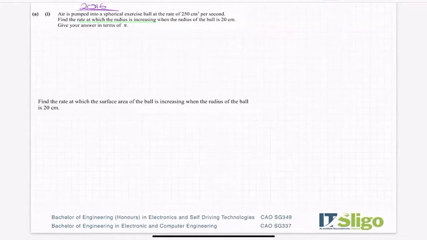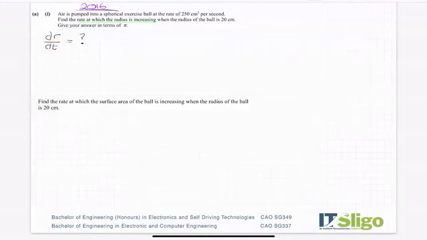So what does that mean? If you're going to find the rate of change at which the radius is increasing, then radius is r, and it's with respect to time. So that's the first thing to figure out. What exactly is this question asking from me, and try and write it in calculus notation. So this is the rate of change of radius with respect to time.